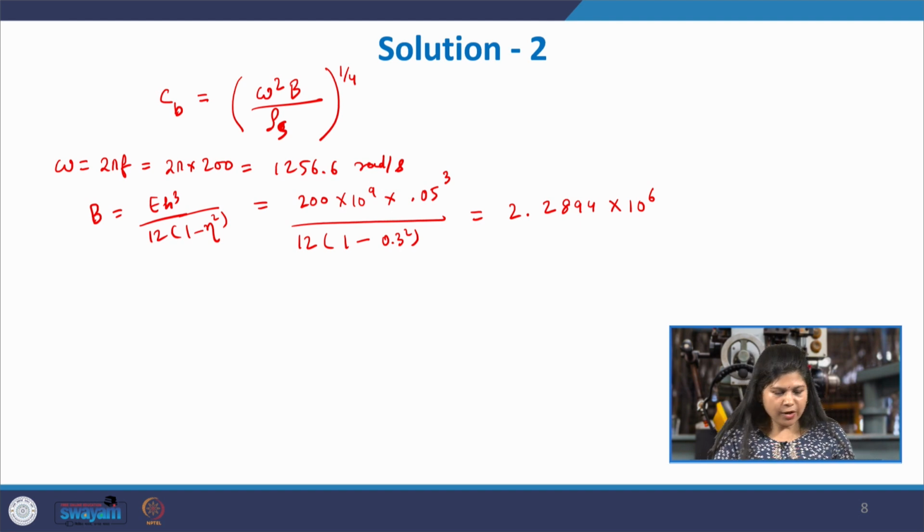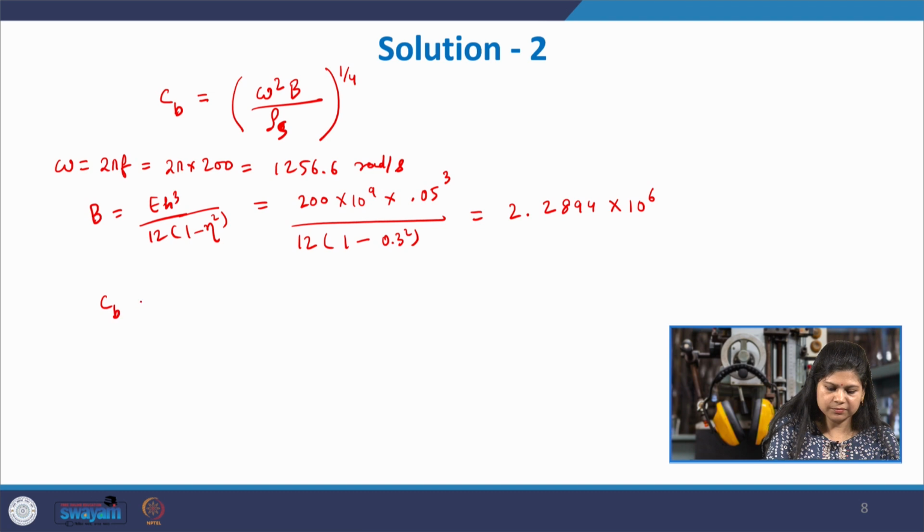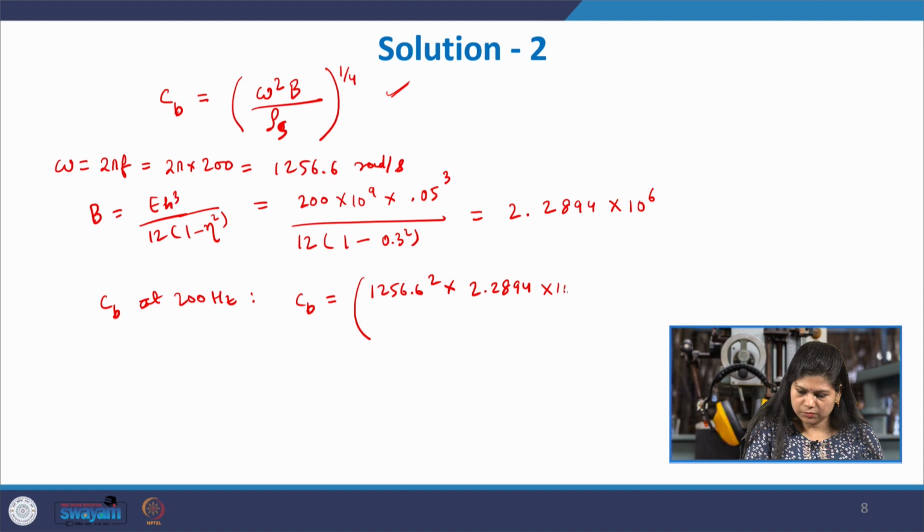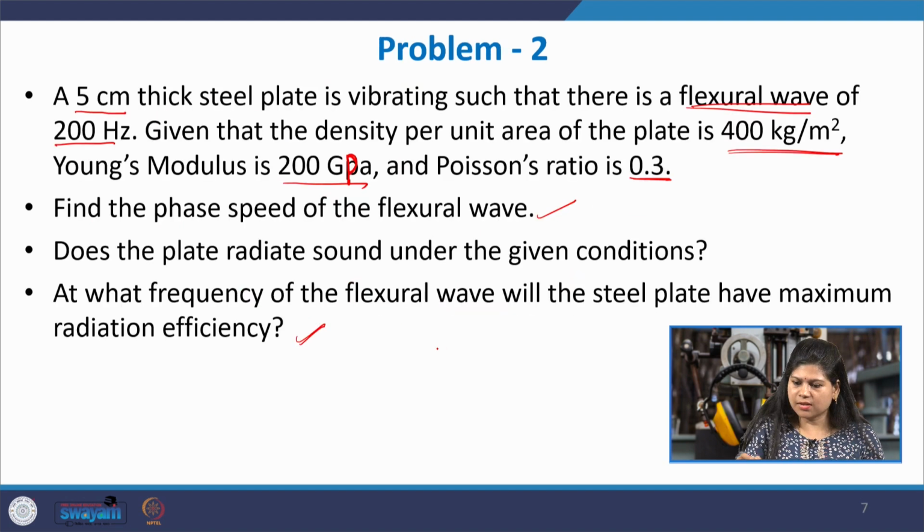So, let us find out what is the Cb for these conditions. Cb at 200 hertz: you put all these variables in this equation. Rho s is given to be 400 in SI units.